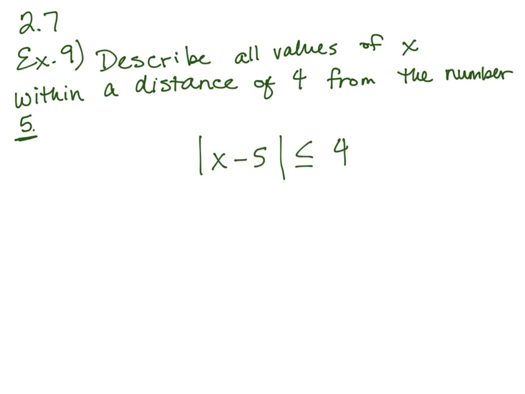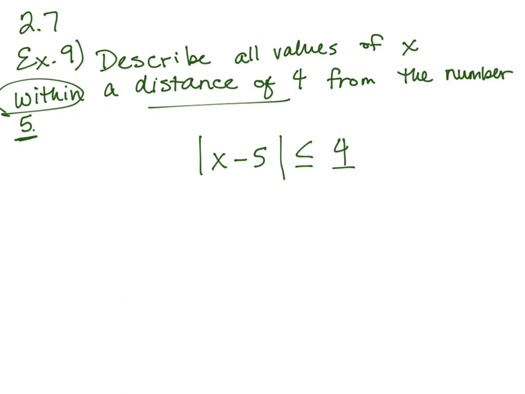Describe all values of x within a distance of 4 from the number 5. So we set the distance equal to 4. This word within translates to less than or equal to, in this range only. And we find that number by taking 5 away from it. That would indicate that my number was only positive 9 if I didn't show the absolute value.